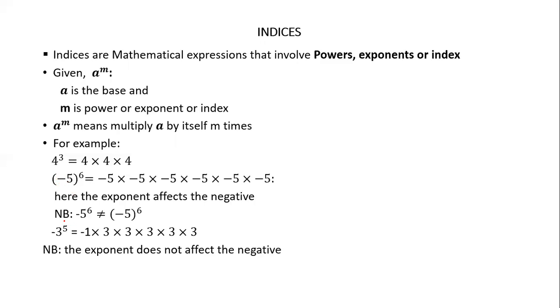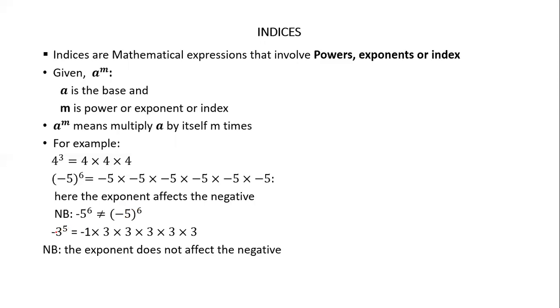But let's know this. -5 power 6 is not the same as (-5) all power 6. With this part, the power does not affect the negative, but it only affects the number 5. But for this one, the power affects both the negative and 5.